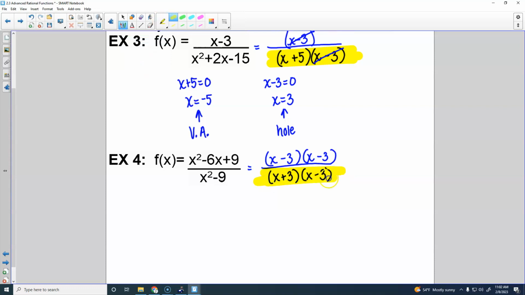Now, discontinuities only come from the denominator. The numerator is there to help us see if they cancel, whether it's a hole or vertical asymptote. But we have discontinuities at these two places, so x plus 3 would equal 0 whenever x equals negative 3, right? And x minus 3 would equal 0 whenever x equals positive 3.